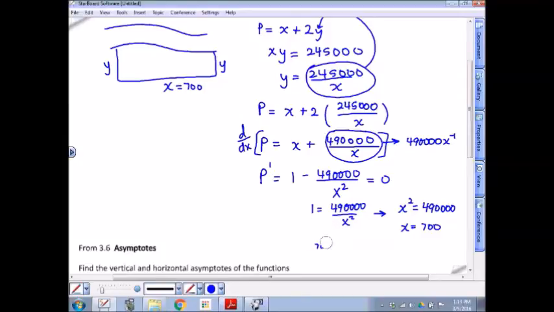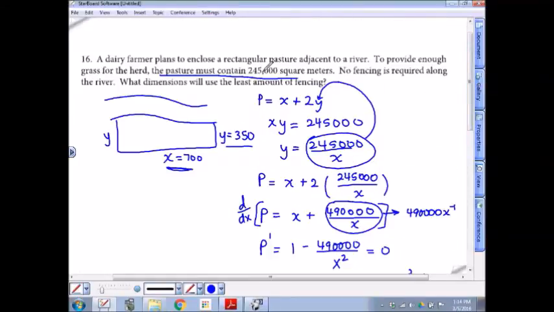Now, we want to find the value of y, and we can use this equation right here. 245,000 divided by 700 gives you 350. So these are the dimensions we want to use in order to have minimum perimeter that contains that area, 245,000 square meters.